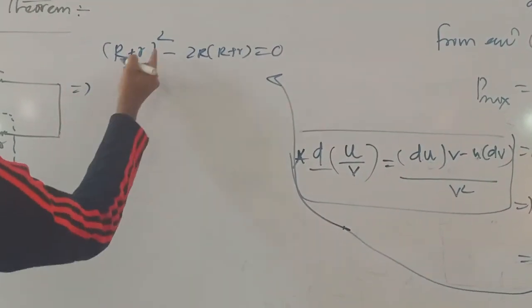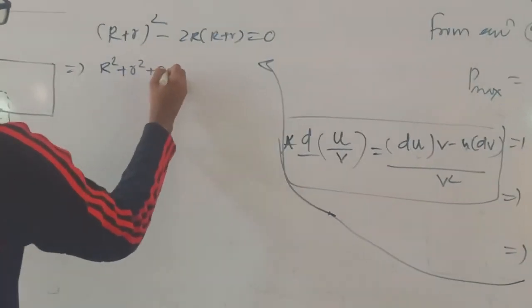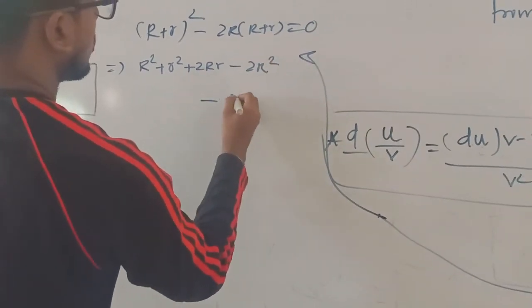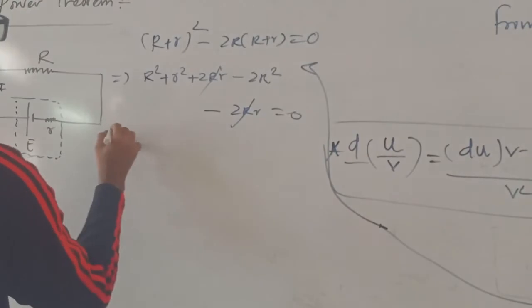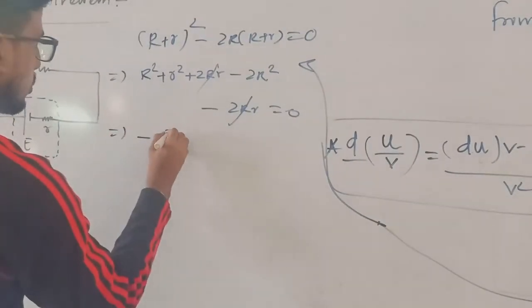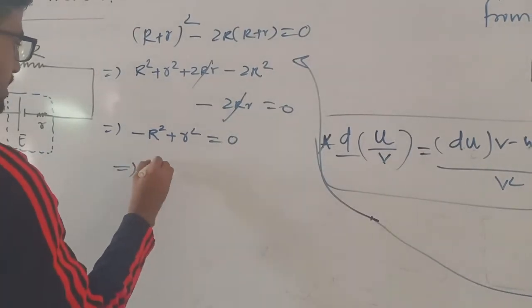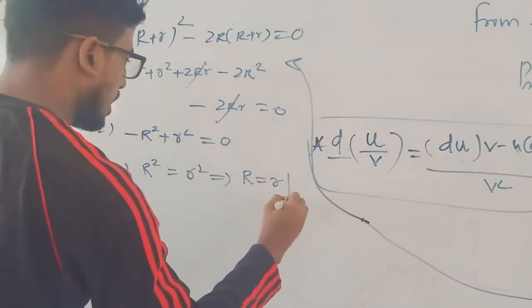Opening this: R squared plus r squared plus 2Rr minus 2R squared minus 2Rr equal to 0. So cancelling this, it becomes minus R squared plus r squared equal to 0, or R squared equal to r squared, or from this we can write R equal to r.